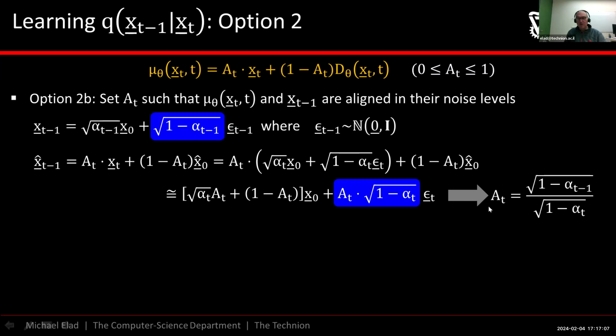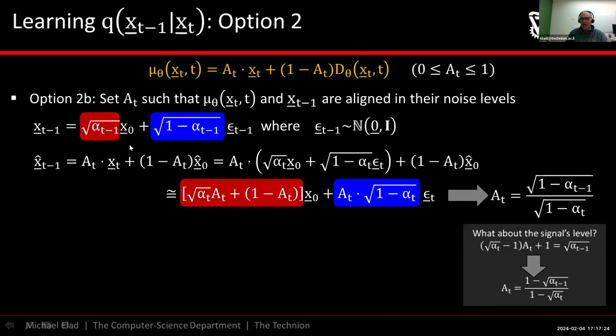Now, I could have done something different. I could have said, you know what? Look at the equation. The equation of xt minus 1 says two things. I have a coefficient times noise and a coefficient times x0. In fact, I have here a coefficient times noise and a coefficient times x0. So basically, I could have demanded an equality between the two red parts.